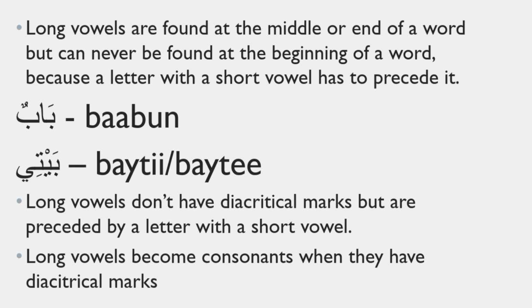In other words, it is a mad, so it is used for elongation. Long vowels become consonants when they have diacritical marks. I explained this already, and I'm sure by now you should have understood what long vowels are and how to pronounce them when you have them in between words.